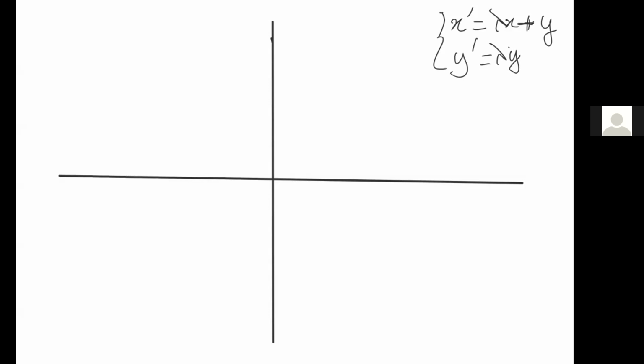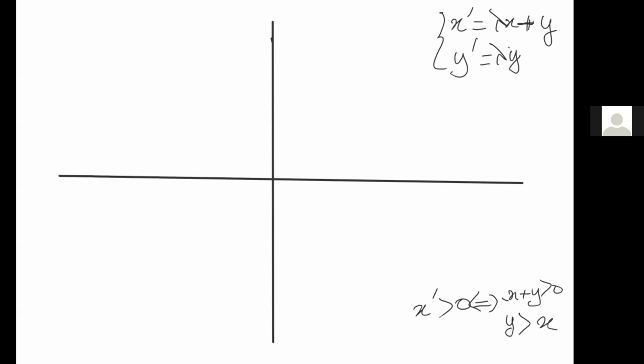Okay, which means that here lambda is minus 1. So if I look at the null lines, I have that x prime greater than 0 is equivalent to minus x plus y greater than 0, which means y greater than x.